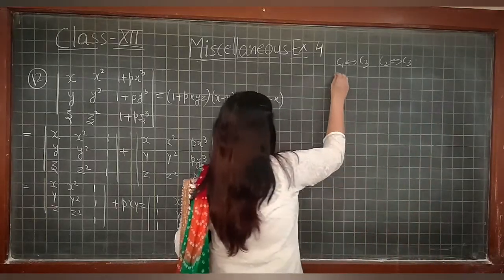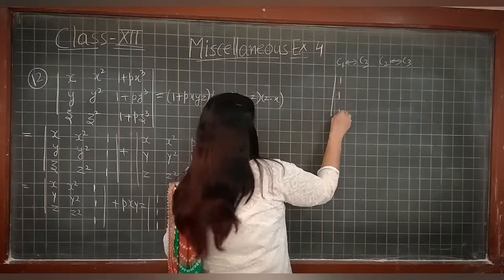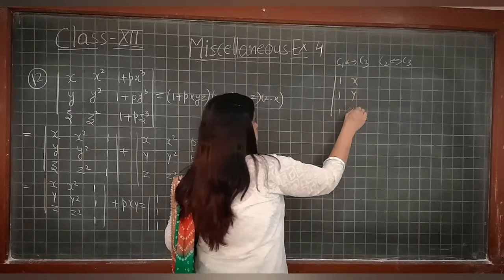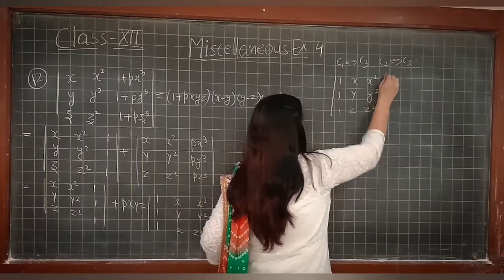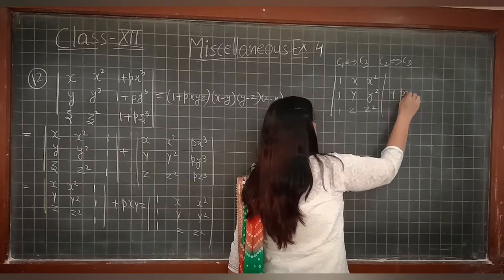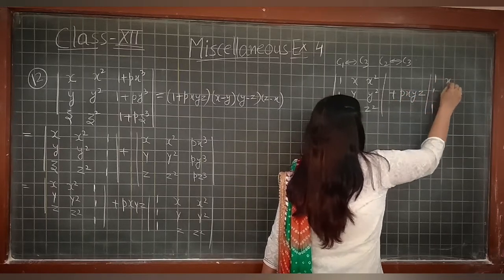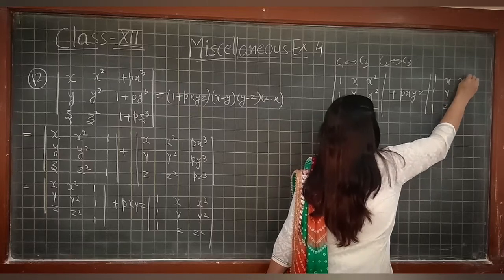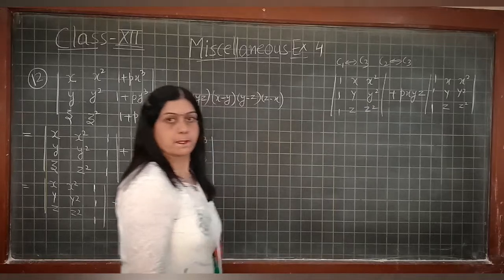Okay, so you will get 1, 1, 1, x, y, z, x square, y square, z square, plus pxyz into 1, 1, 1, x, y, z, x square, y square, and z square.